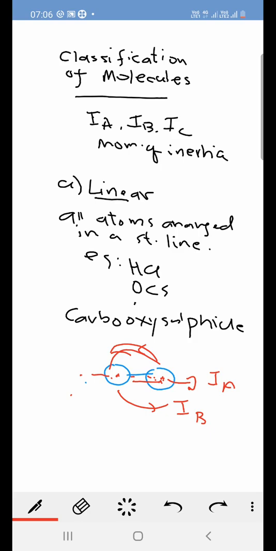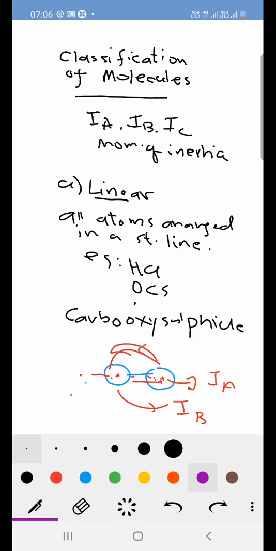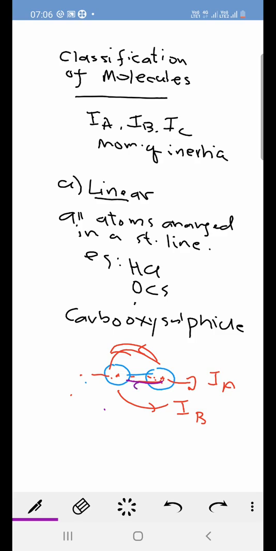For that perpendicular path, the moment is given as IC. Now for linear molecules, the end over end rotations, that means IB and IC, are equal, whereas the bond axis rotation moment is very small and close to zero. This is how the linear molecules are characterized.